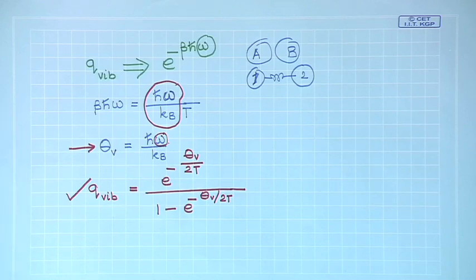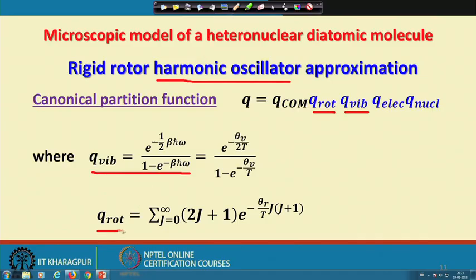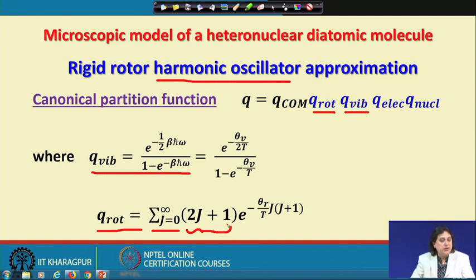Similarly, in the case of the rotational partition function, you see that here I am summing over all the rotational energy levels, and each of the rotational energy levels has 2J plus 1 degeneracy, that is the source of this term here.